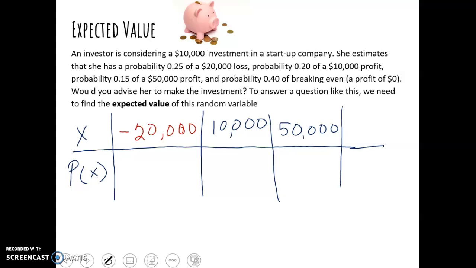And a 0.40 for breaking even. So breaking even means you don't make any money, you don't lose any money, so it's 0. And so underneath we're going to put the corresponding probabilities that they found for us.